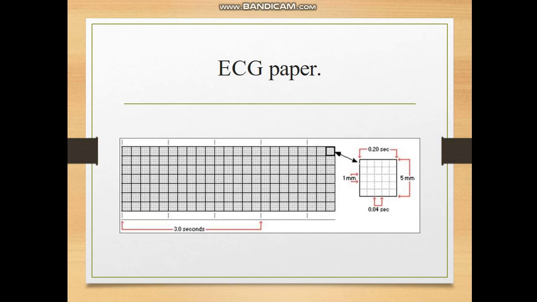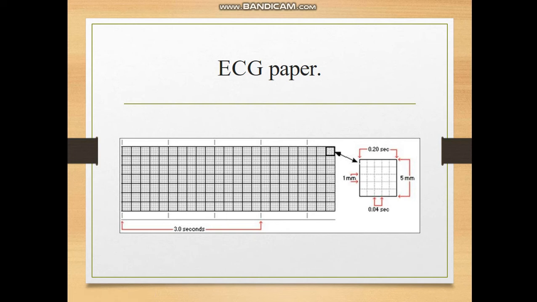Now you are looking here. The smallest one is 1 millimeter high, 1 millimeter wide, and the largest is 5 millimeter, having the 5 smallest squares, and the rate of the machine is 25 millimeter per second. 25 millimeter per second means these 5 large squares will elapse in 1 second.